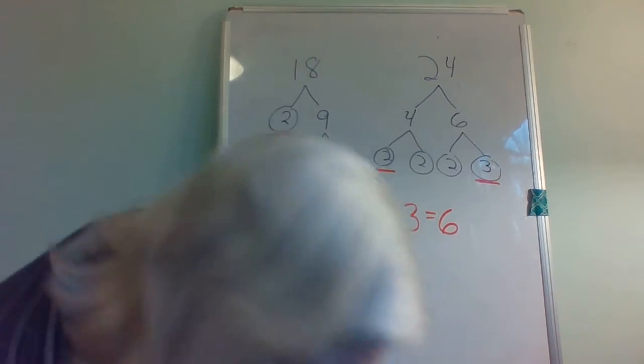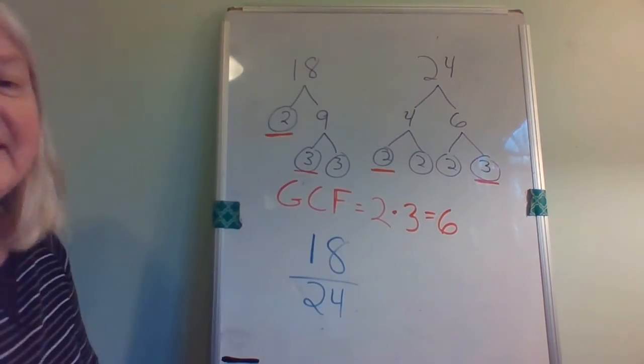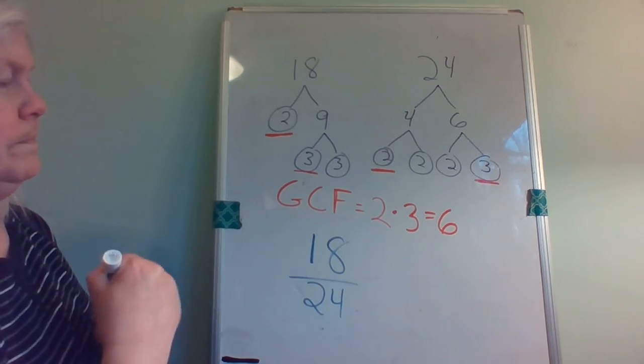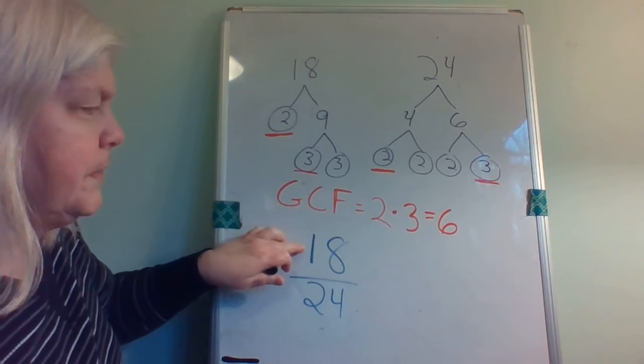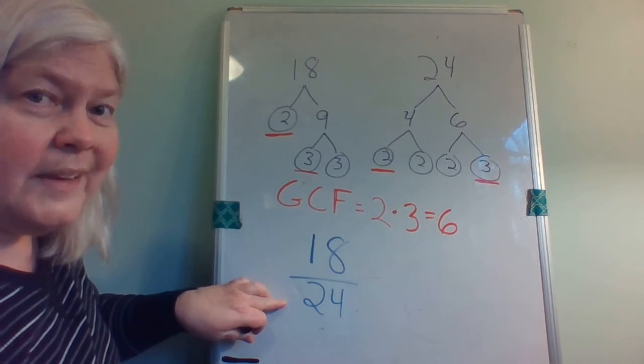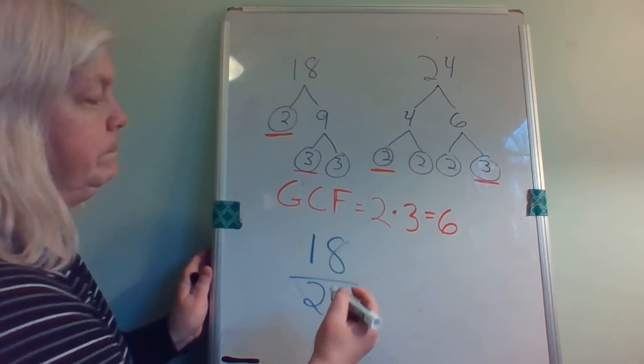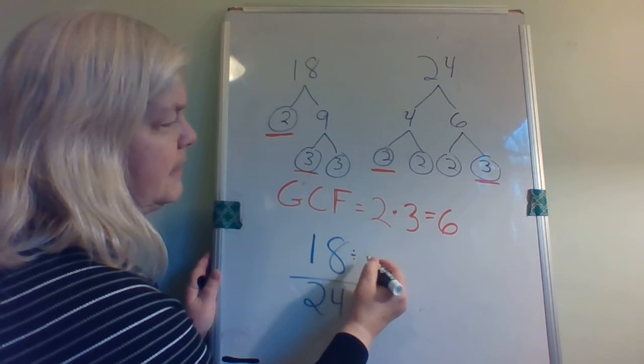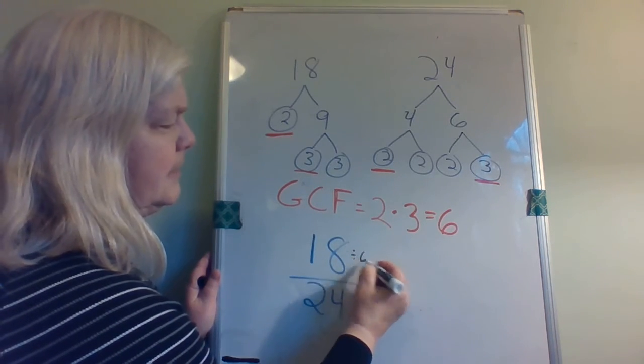Okay, get my black pen and I'm going to write in my little thoughts. If I divide both the numerator and the denominator by my GCF, I will get my simplified fraction. Here's my little thoughts. Divided by GCF, which is 6.